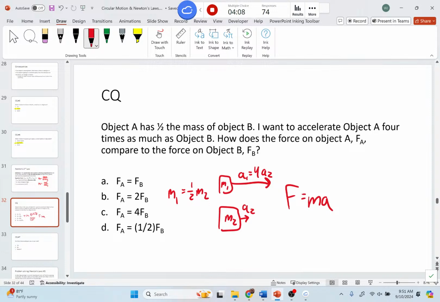Which course do you want to be thinking? Do you agree that A is bigger? You can make up a number if you want.